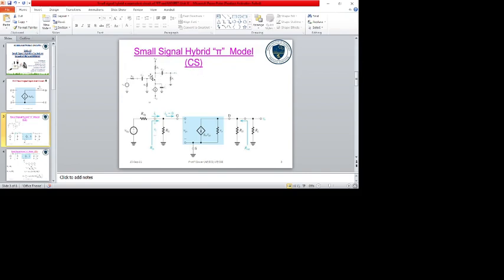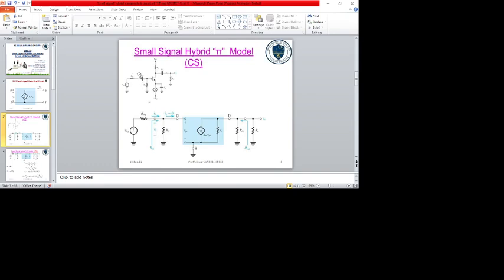This is the symbol of JFET. The three terminals of JFET are gate, source and drain. We will construct the FET based amplifiers by using resistors and capacitors.